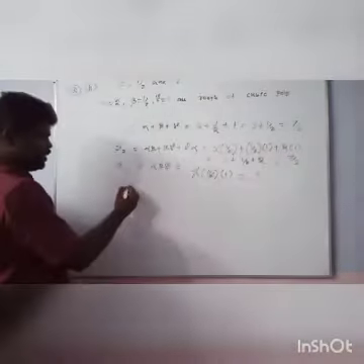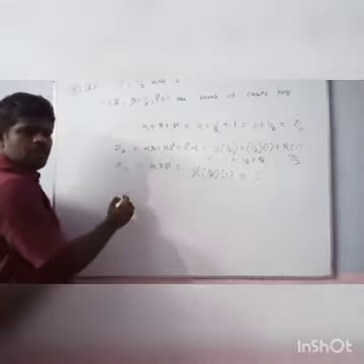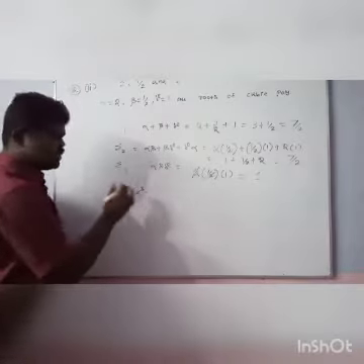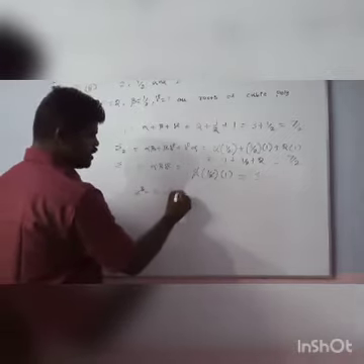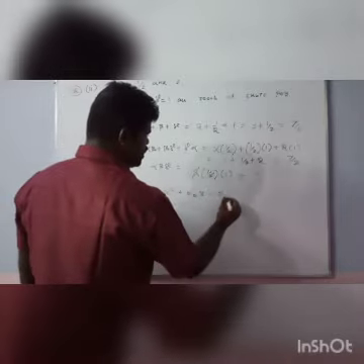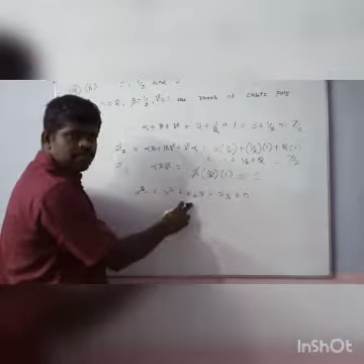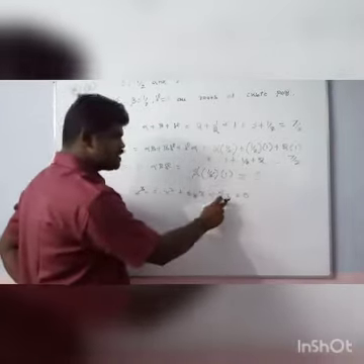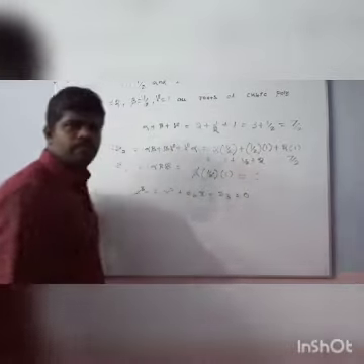Now consider the cubic polynomial. Once again we recall Vieta's formula. The cubic polynomial is x cube minus summation 1 into x square plus summation 2 into x minus summation 3 equal to 0. We use the summations alternately with plus and minus: first minus summation 1, plus summation 2, minus summation 3, with x cube, x square, x, and the constant.